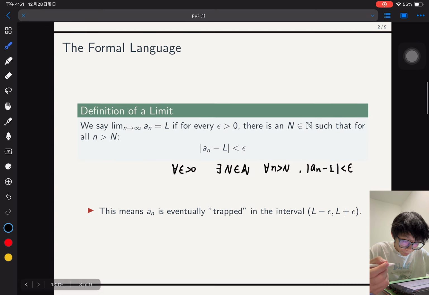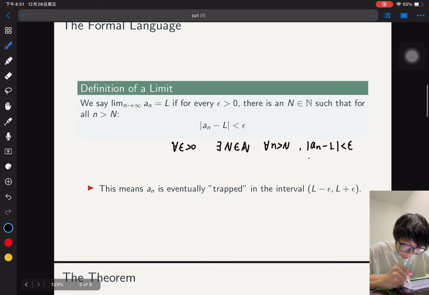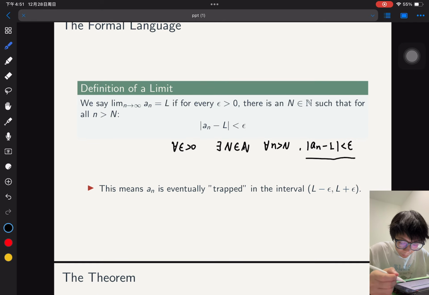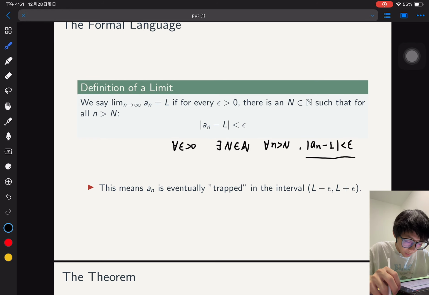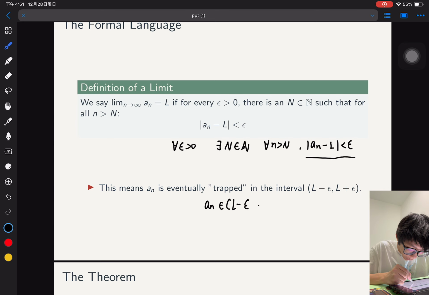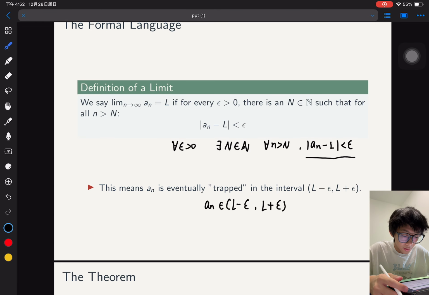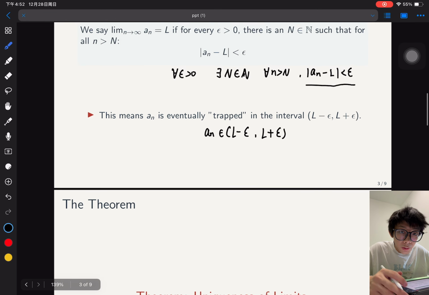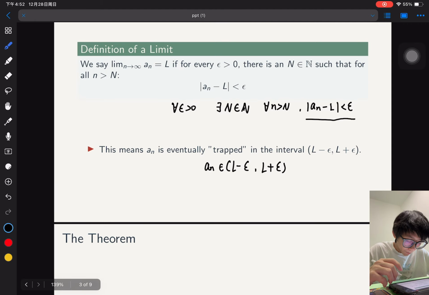We can transform this to cancel the absolute value, so a_n is in the interval (L minus epsilon, L plus epsilon). We will use this interval to do the proof.